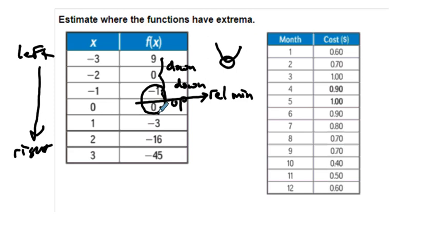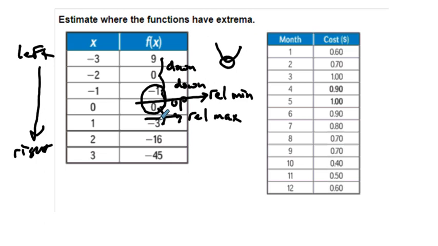And then it's continuing to go up here. Or wait, no, my bad, I missed the negative there. So it went up, and now it's going from 0 to -3, so it's going back down again. So in there we've got a relative maximum.